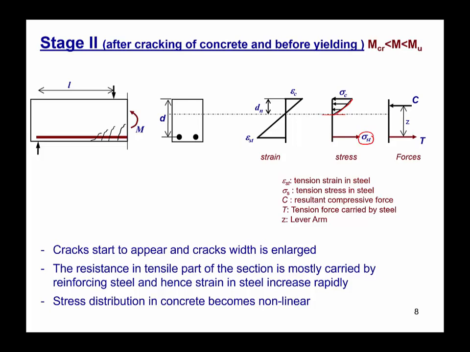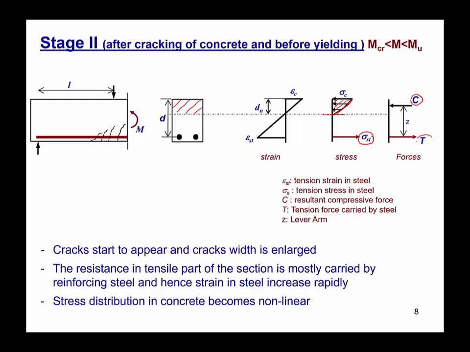Now, if we integrate the volume under this stress curve, it gives the total compressive force acting in the concrete, that is denoted by C. So if we integrate the total volume under the curve, that gives us the total compressive force acting on this compressive block of concrete.